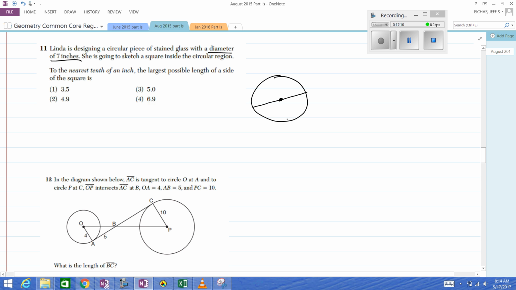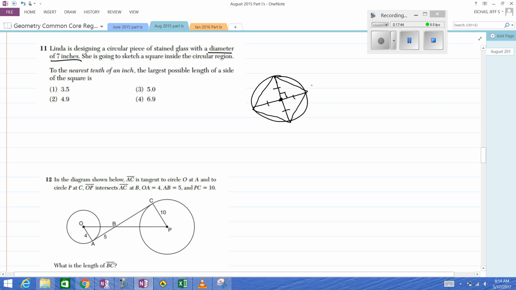What we would do first is draw any random diameter, and then the perpendicular bisector is what we would need. So pretend like I actually did that construction, because the diagonals of a square are going to bisect each other and be congruent and be perpendicular. Now, if we connect those, it is a square.